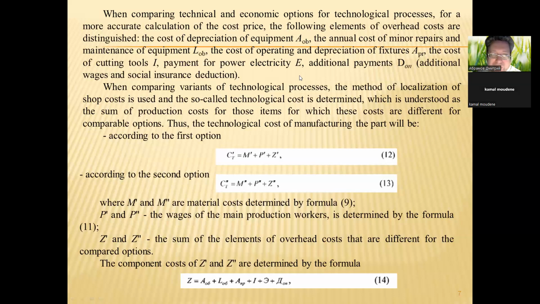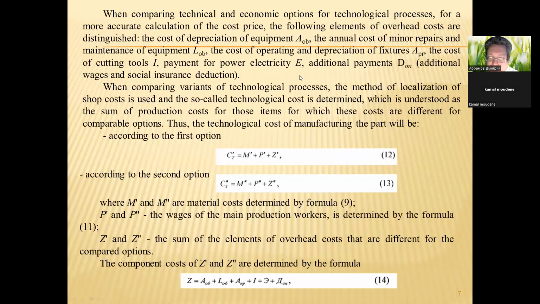When comparing variants of technological processes, the method of localization of shop costs is used, and the so-called technological cost is determined, which is understood as the sum of production costs for those items for which these costs are different for comparable options.